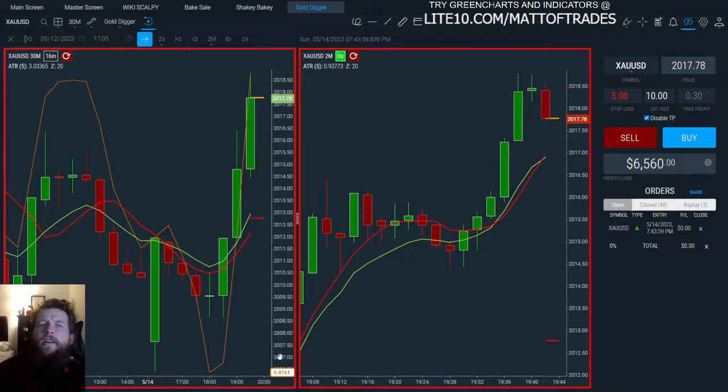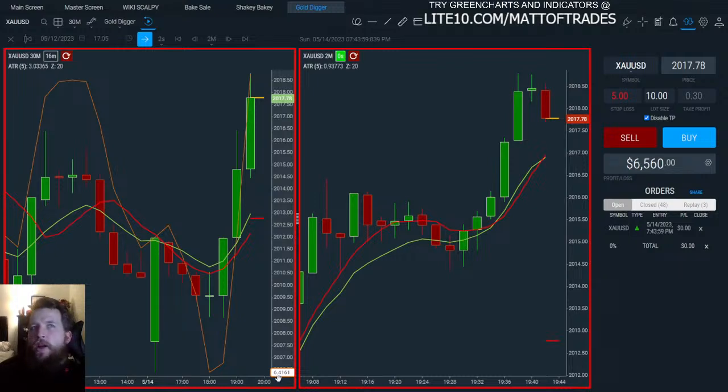Ooh, you know what? We could look at incorporating the value of the thin orange here. So this goes between 0 and 10, and you can consider it overbought if it's over 9, and oversold if it's under 1.